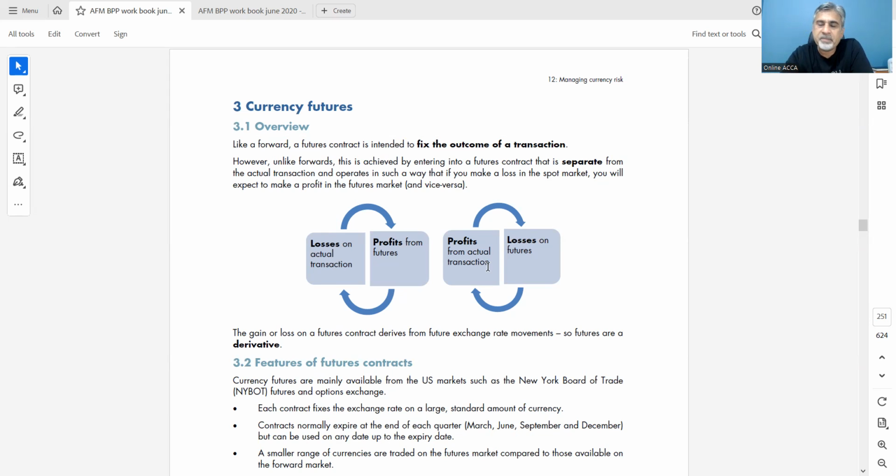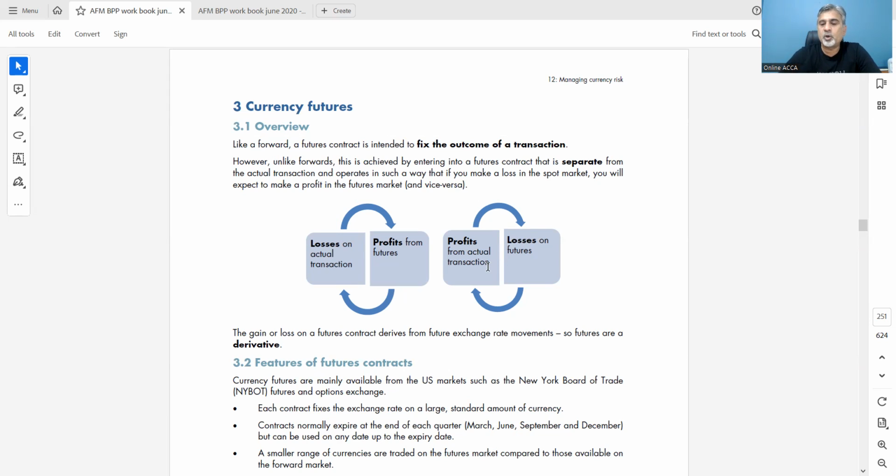So I make a contract with some party that they will sell me $1 million after 3 months, and we agree the price today. Suppose your home currency is dirhams, they would say 3.62 dirhams for each dollar.